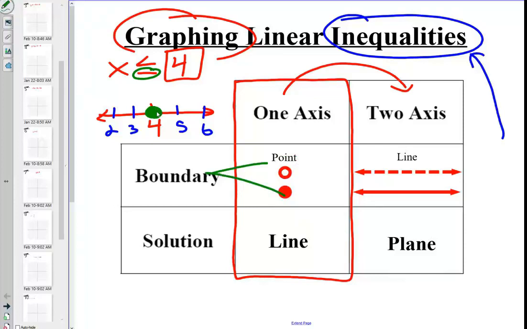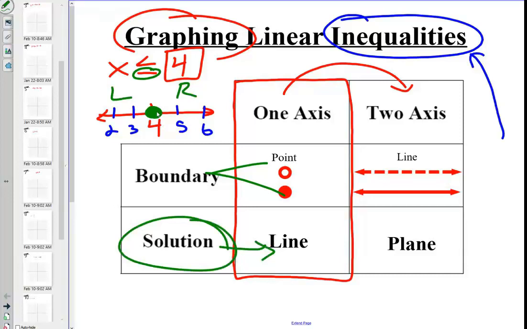Because on a straight line, if I get one point on a straight line, that one point is enough to act as a barrier. I can split that straight line up into sections, which in this case was a left or a right. And one of those two sections ended up being your solution, and I would demonstrate that by shading the line.